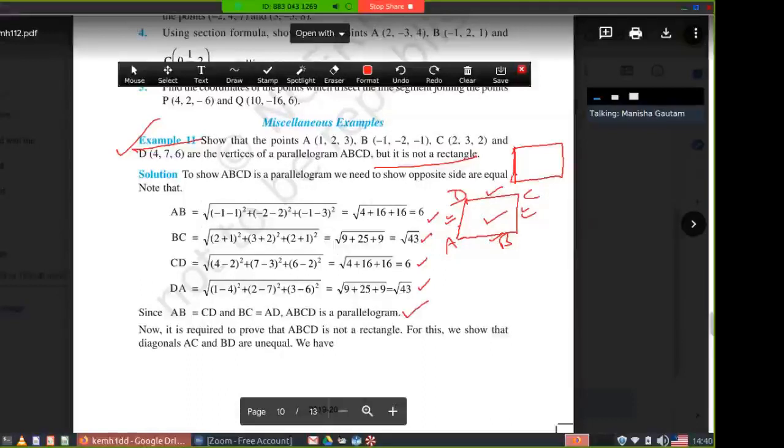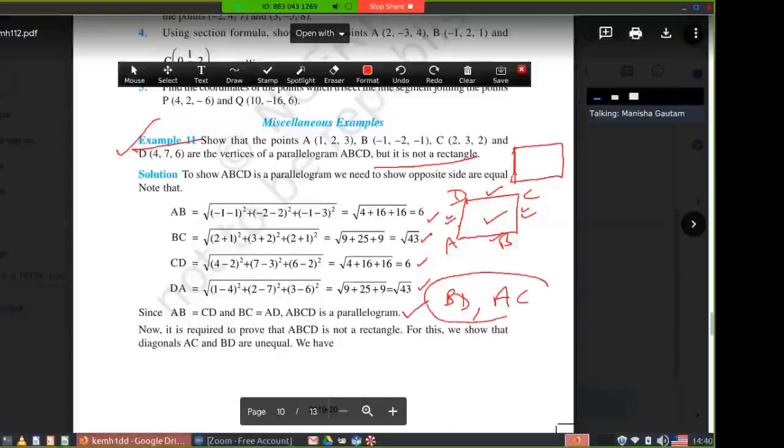Now you have to show that it is not a rectangle. What is the difference between a parallelogram and a rectangle? One main difference is that the diagonals of a rectangle are equal, but the diagonals of a parallelogram are not equal. So if we show that the diagonals' lengths are not equal, then it is not a rectangle, it is only a parallelogram. It means we have to calculate the length of BD and the length of AC.